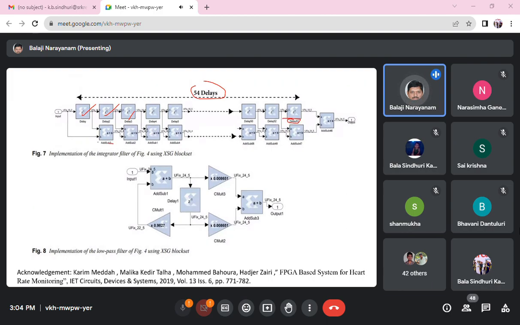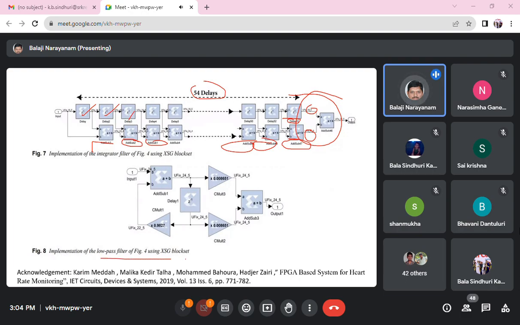And there are adder-cum-subtractor blocks, number of adders and subtractor blocks that you can observe. The outputs of the chain of adder blocks and this chain of delay elements are connected to again an adder-cum-subtractor, and then we get the output of that integrator filter.